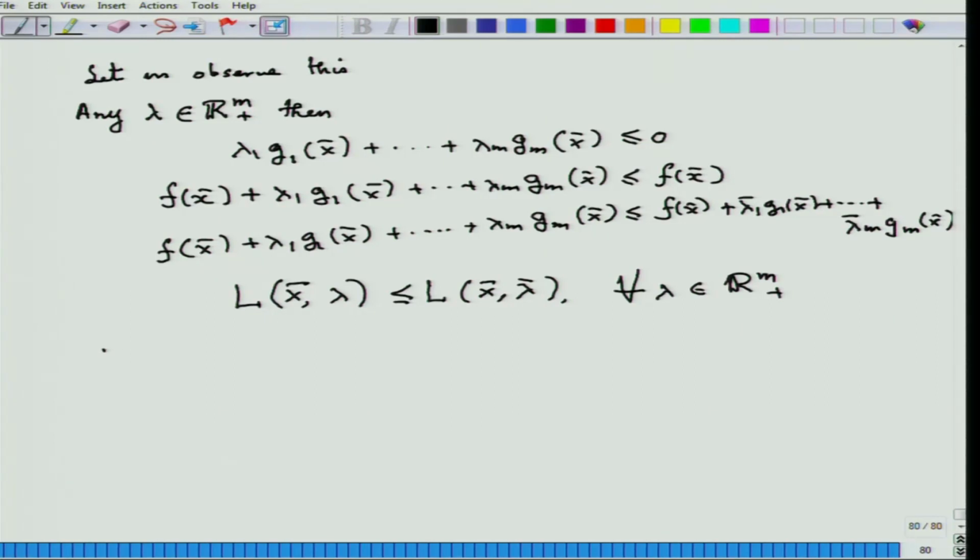So, the lesson learnt is: x bar minimizes L of x, lambda bar, and lambda bar maximizes L of x bar, lambda.